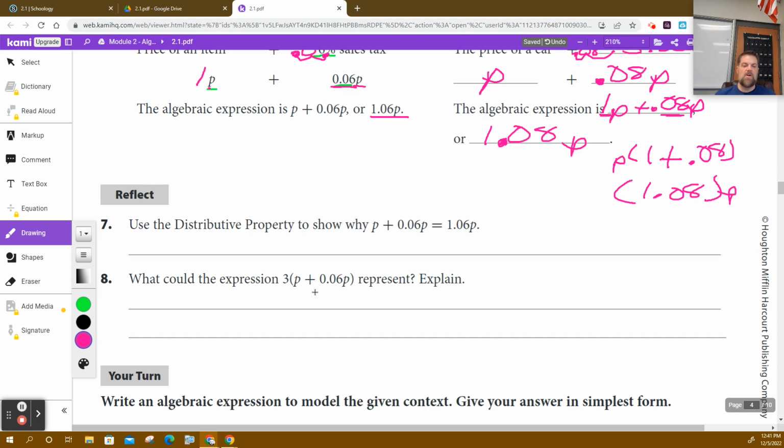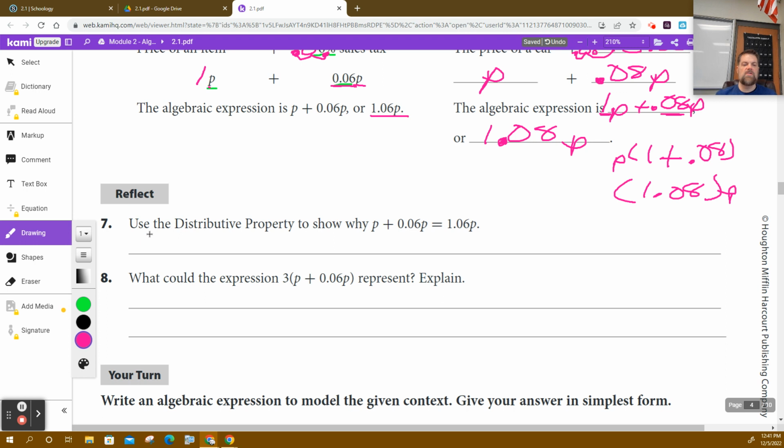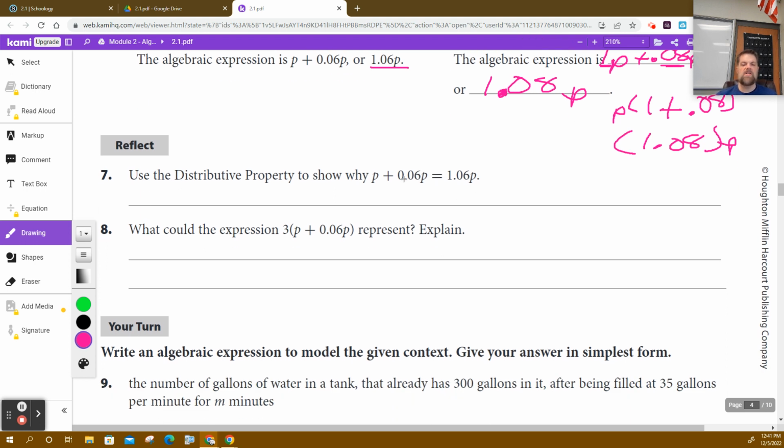Okay. So it says use the distributive property to show that this is equal to this. So how do I do that? Well, I could say 1.06P is equal to 1P plus 0.06P.